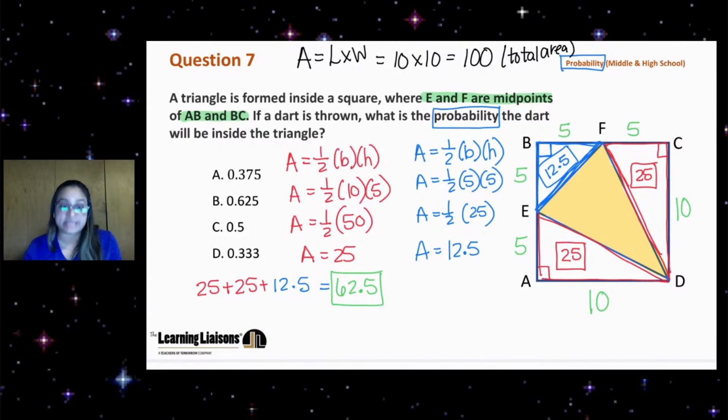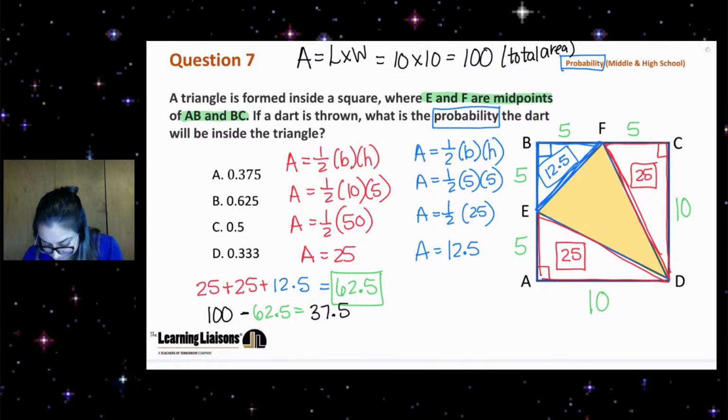Well, we need the area of the shaded section. Almost there. If all of the area is 100, we subtract what we know, 62.5, and we'll get the area of the part that we're looking for, which just so happens to be 37.5. So this is the area of the shaded section, which is the triangle.